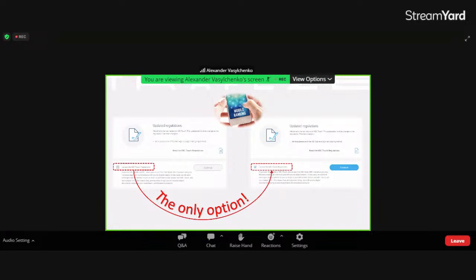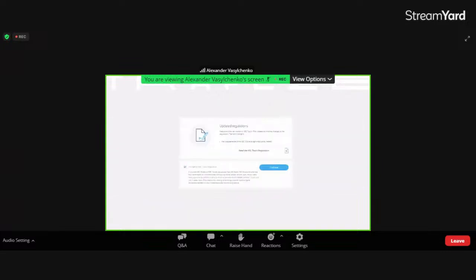It was an inconvenient case, and okay, I had to accept that, and I was offered a PDF file with these updated regulations, which of course, if I had time and desire, I could check.